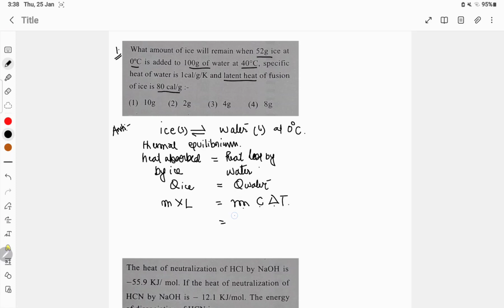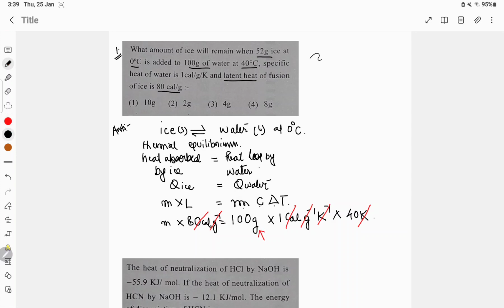Mass 100 gram of water, specific heat 1 calorie per gram per Kelvin, into delta T, 0 to 40, so 40 Kelvin. Then M into latent heat, which is 80 calories per gram. Let's first cancel all the units: calories, gram inverse, Kelvin inverse, Kelvin. So the only unit left will be gram.